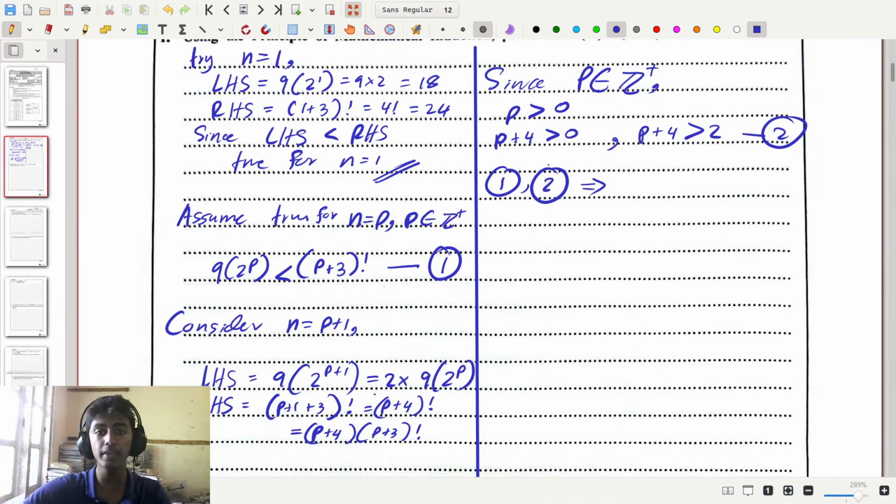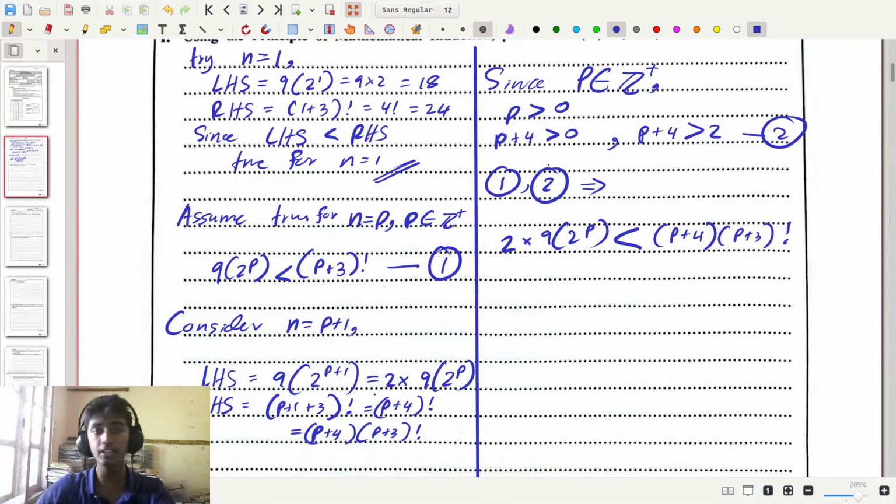So from these two, we can infer that if you compare the left hand side and the right hand side, 2 times 9 times 2 to the power of p is definitely smaller than this bit here, which is p plus 4 times p plus 3 factorial.